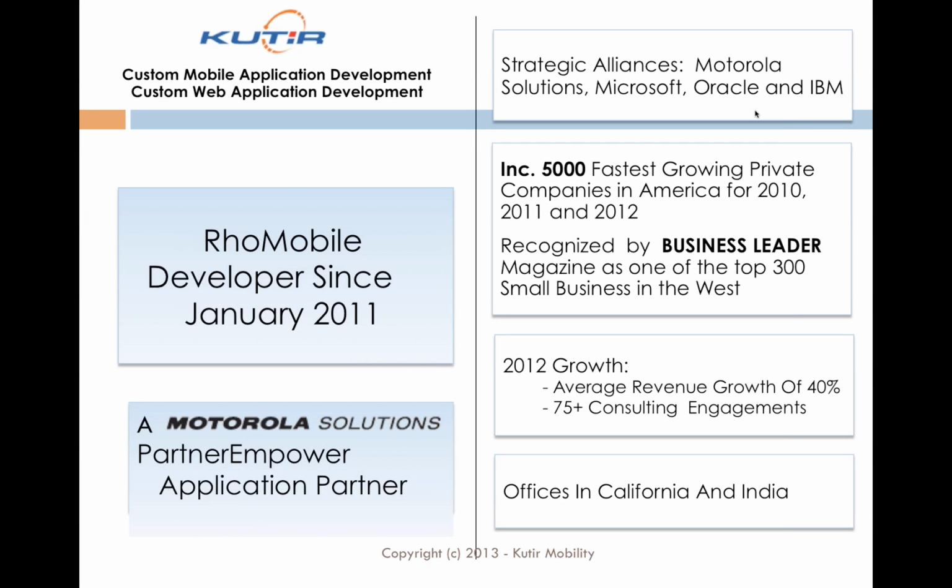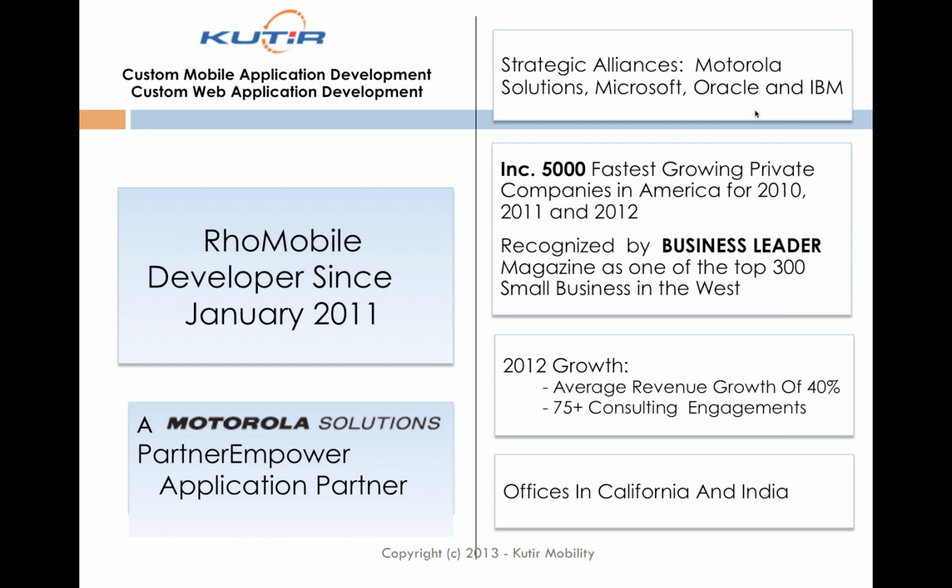So we are Kutir Technologies. We are a custom mobile and web application development company. We've been around since 2003, and we've been building mobile applications using the Rho platform since January of 2011. Before Motorola acquired RhoMobile, we were one of the elite partners of RhoMobile.